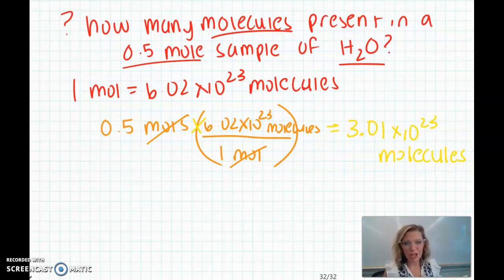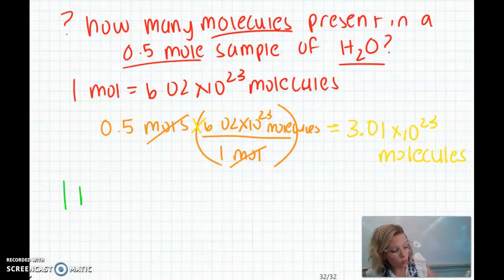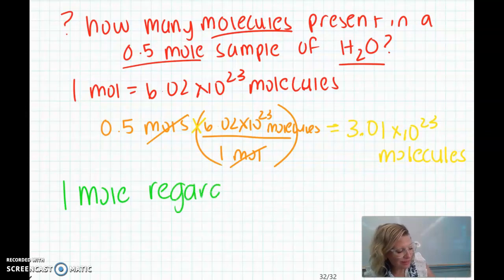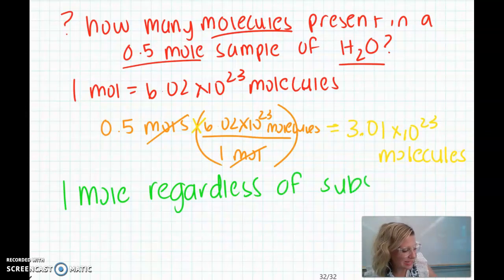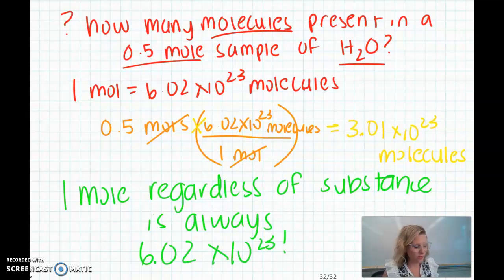The only thing that's changing is the word atoms or molecules, right? 1 mole, no matter what our substance is, is always 6.02 times 10 to the 23rd. It is amazing that that's the case.